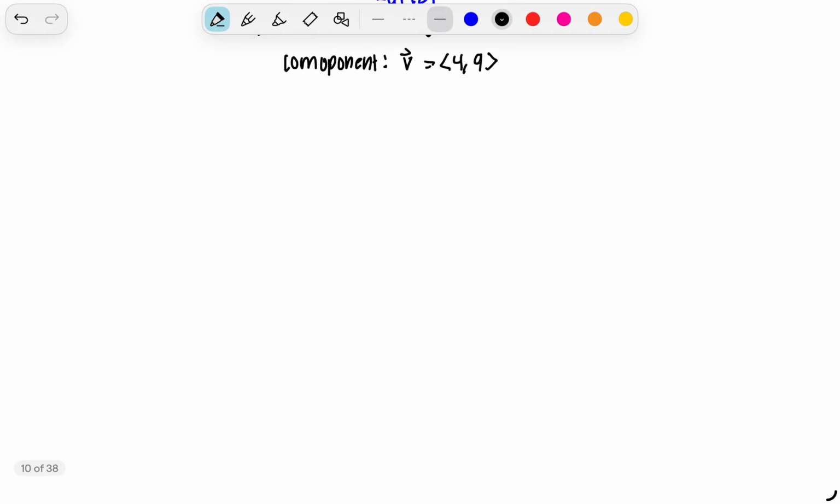Now, let's say we want to convert our vector 4i into component form. So we can see that we just have a 0j. So this would just be 4, 0.